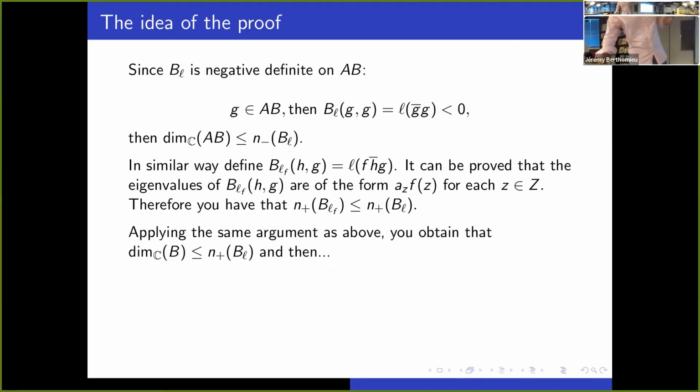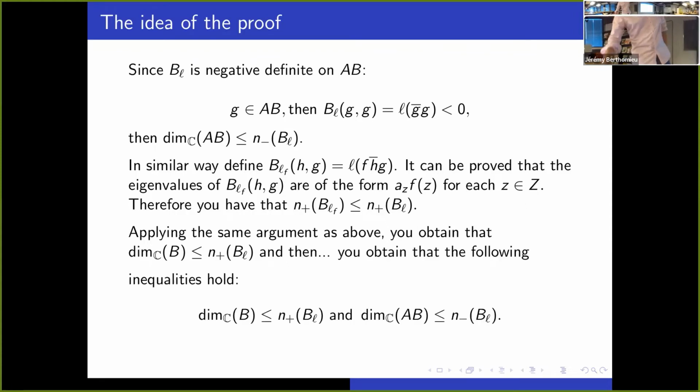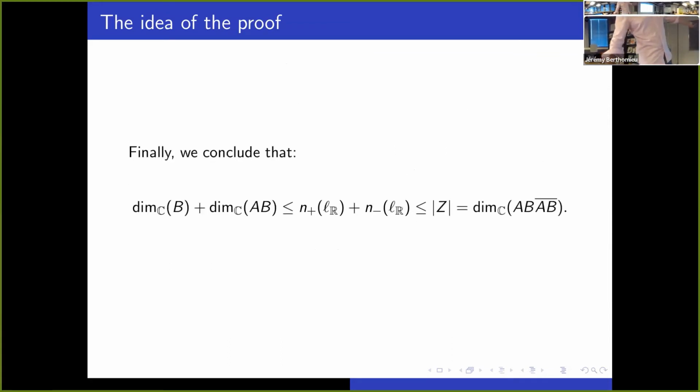Applying the same argument as above, you obtain that the dimension of B is less than or equal to the positive signature of BL. And then you obtain the following inequalities. If you sum both sides of the inequalities, you conclude with the theorem. So this is the idea of the theorem.